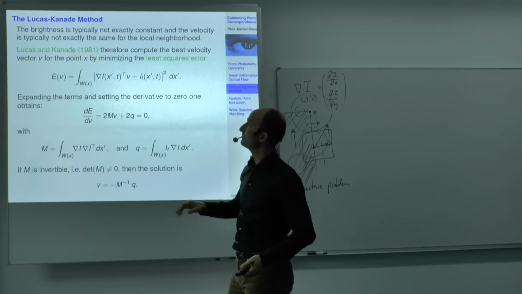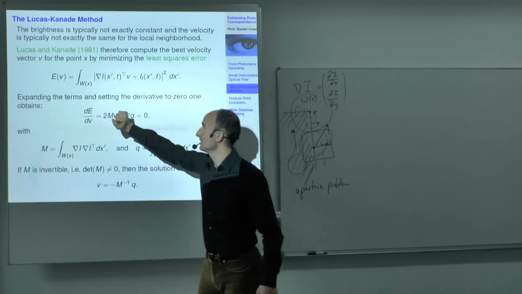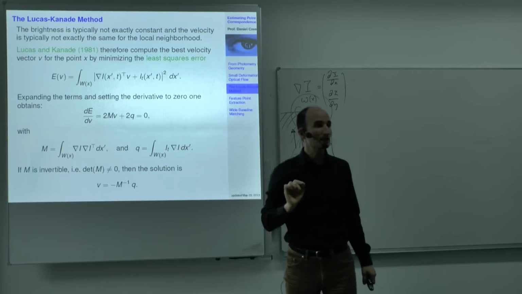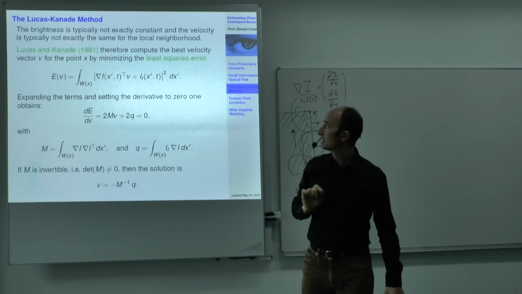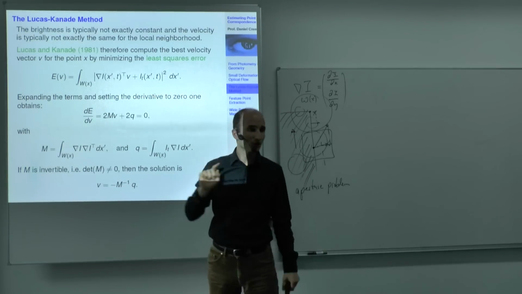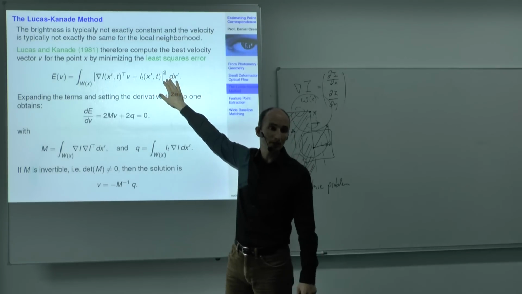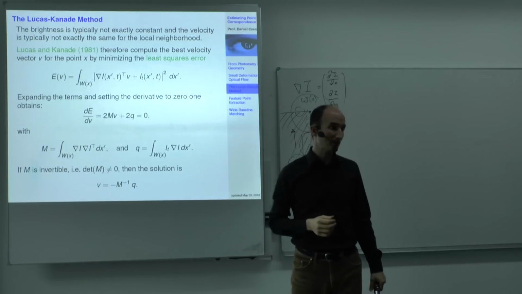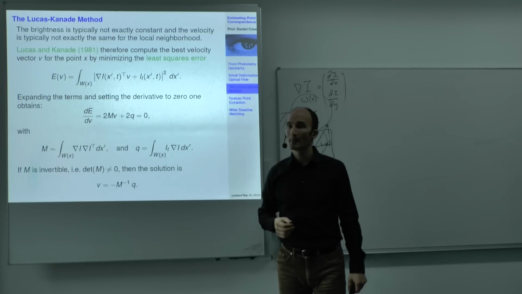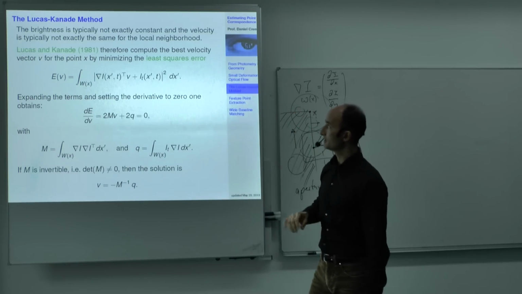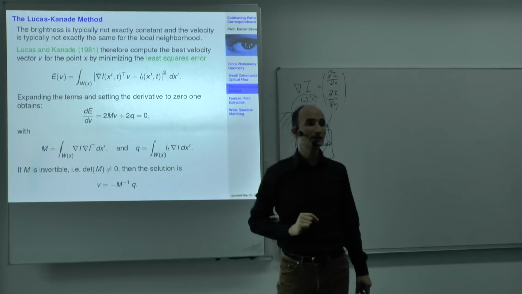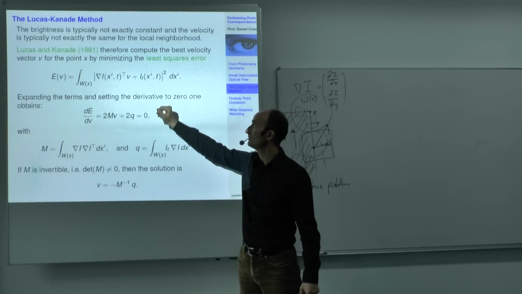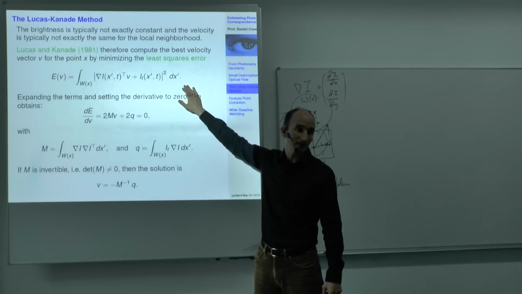What we have here, and this is important, is a mapping that assigns to any velocity vector some cost, some quality. The idea is that if the velocity vector is a good one, then this expression should be small. And if the velocity vector is a bad one, then this expression is going to be large. What's also typical for energies in computer vision is that they're always non-negative. So the best you can ever do with any velocity vector is to get this to 0.